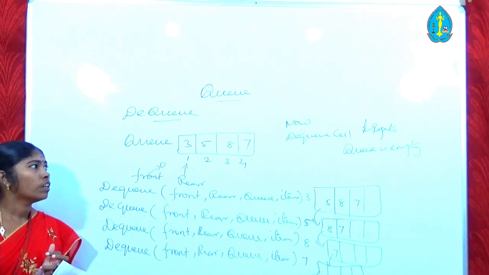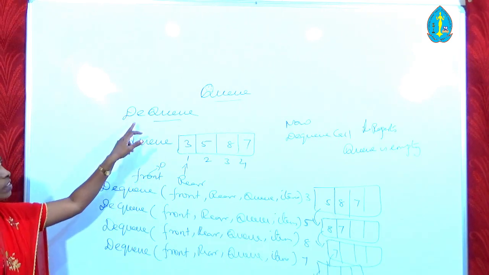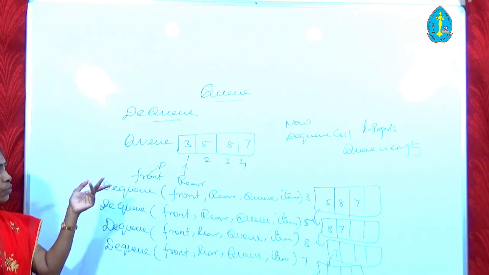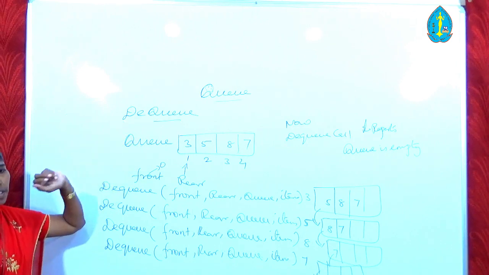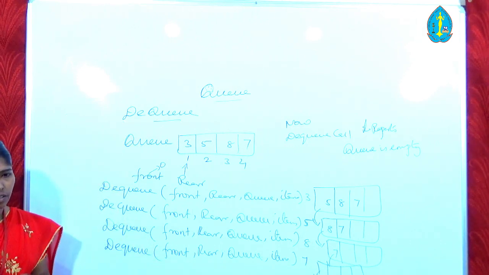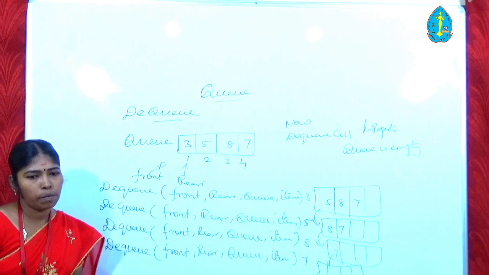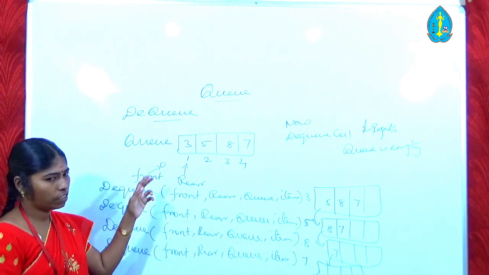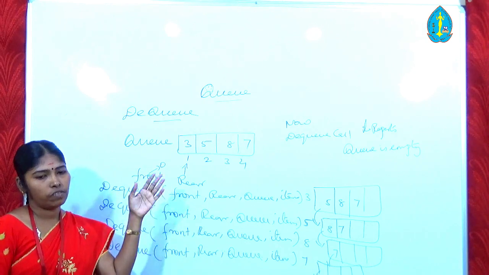Okay, now the second operation is DQ. First you have to NQ the elements in the queue. DQ means deleting an item from the queue. After the first element is taken from the queue, the second element is shifted to the first place, and so on.